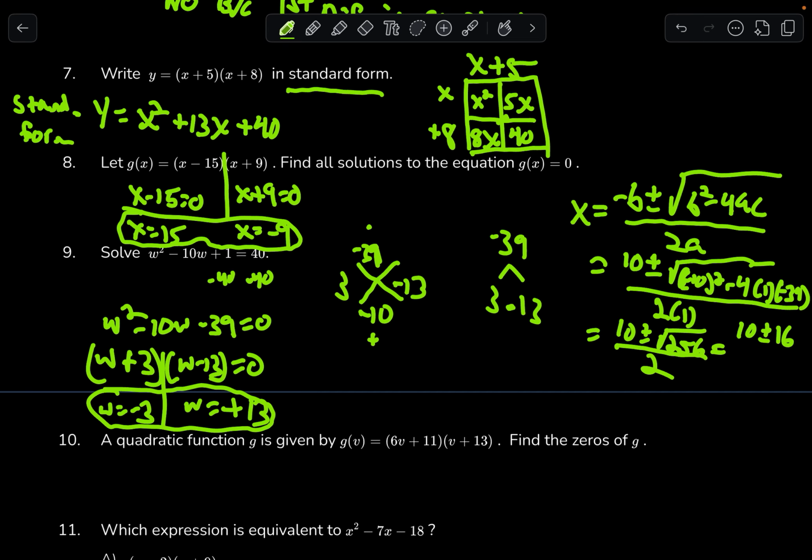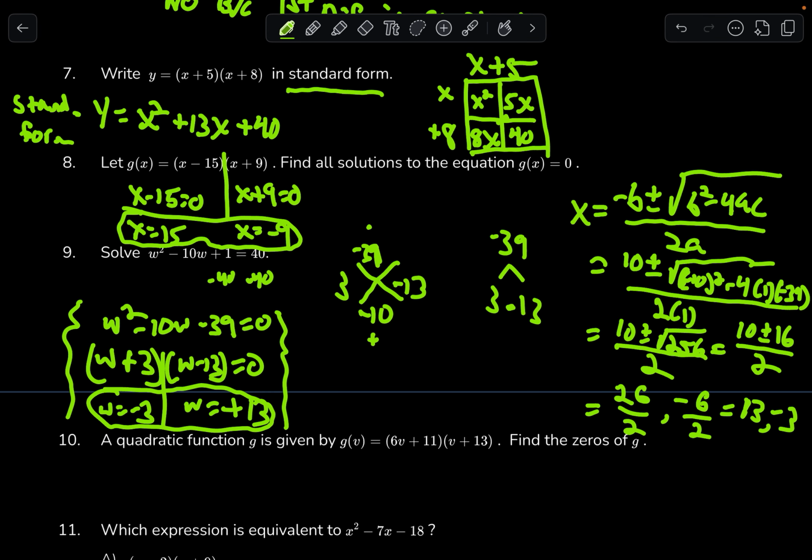So it's 10 plus or minus 16 over 2, which equals 26 over 2 and negative 6 over 2. 26 over 2 equals 13. I'm sorry, 10 minus 16 is negative 6 over 2, which is negative 3, which are the same answers we got by factoring. I think factoring was a lot easier if you could handle the numbers.